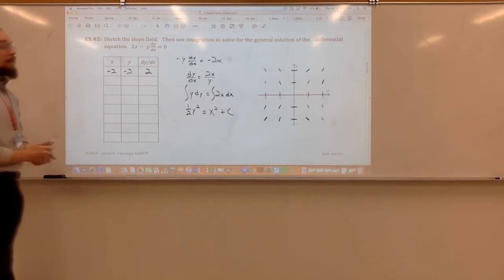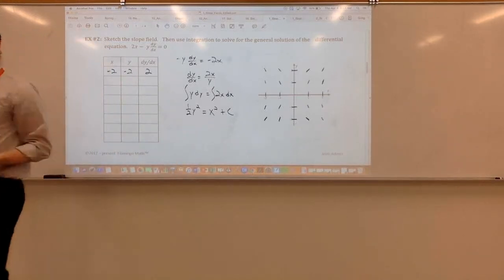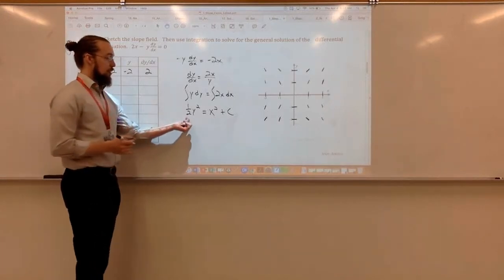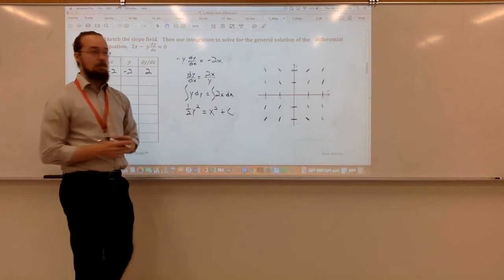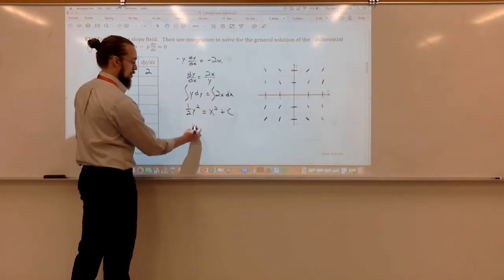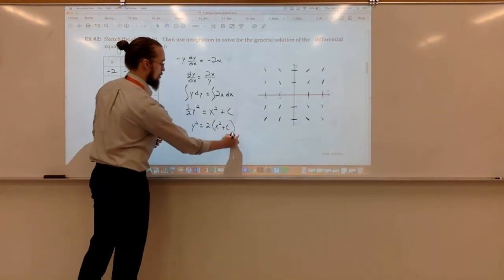Right. So now we would want to solve this for y. Multiply both sides by 2. So, y squared equals 2 times x squared plus c.